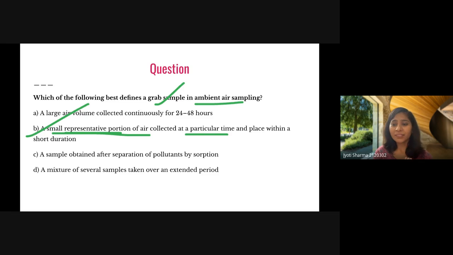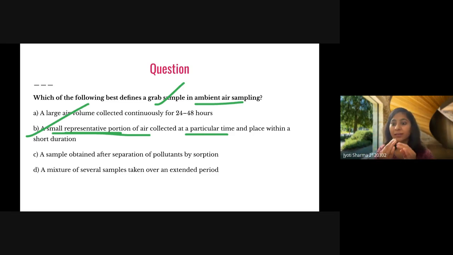And can you tell me the advantage that we have of the grab sampling? As I told you, we can sample the air in different ways. One is grab sampling, another is freezing out sampling, then absorption in liquid, then adsorption on solid. So we have four types. In four ways, we can do the sampling of the air.